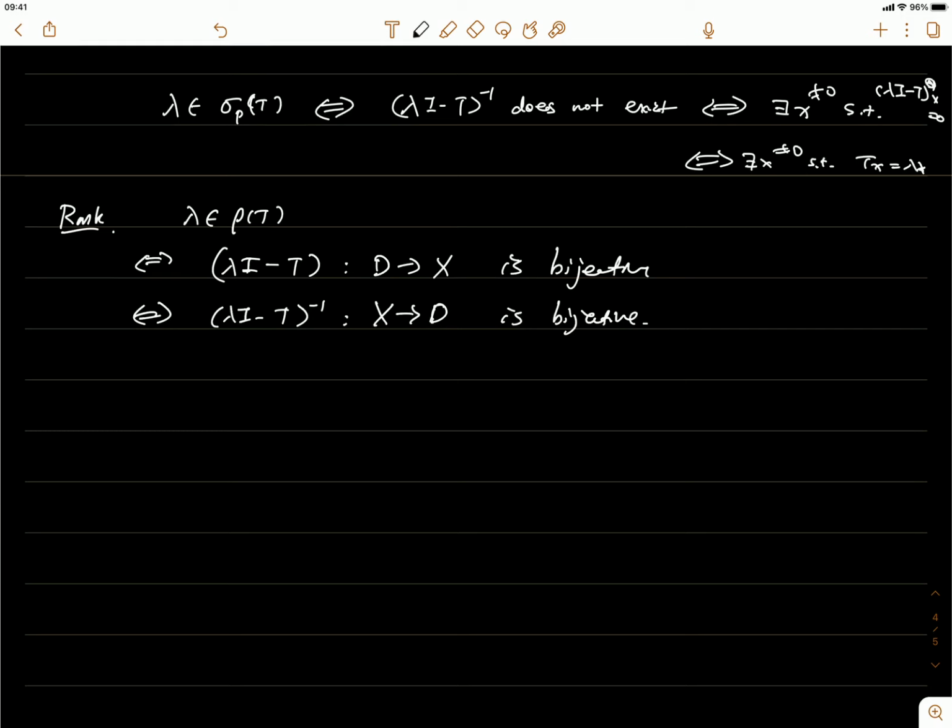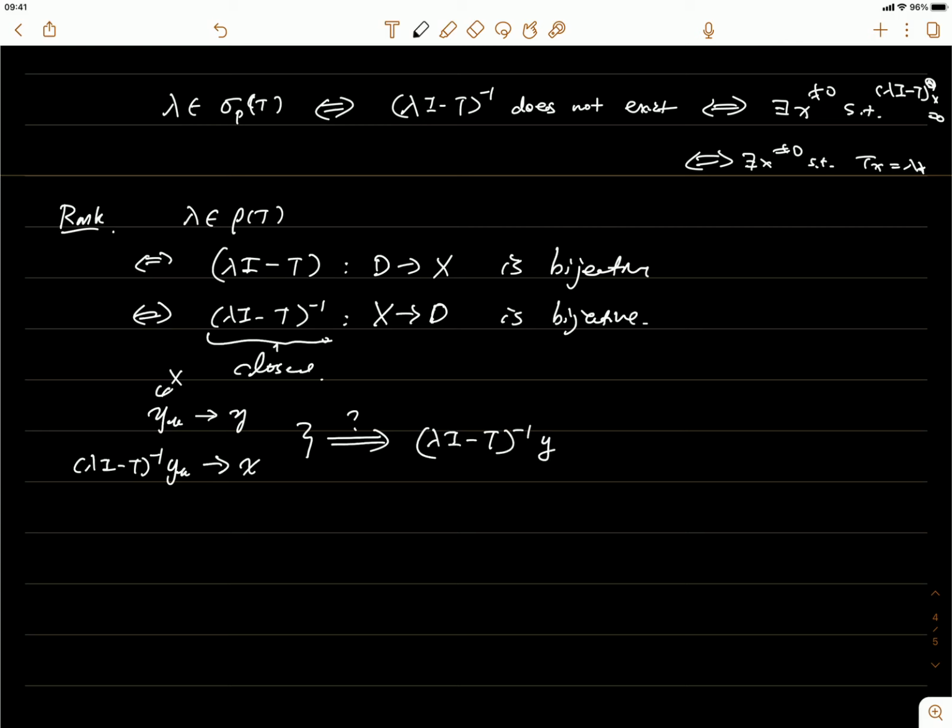To show that this thing is closed, I just need to show that if I have y_k converging to y in X, and I also have lambda I minus T inverse times y_k converging to some x, then the question is, can we show that lambda I minus T inverse applied to y is equal to x?